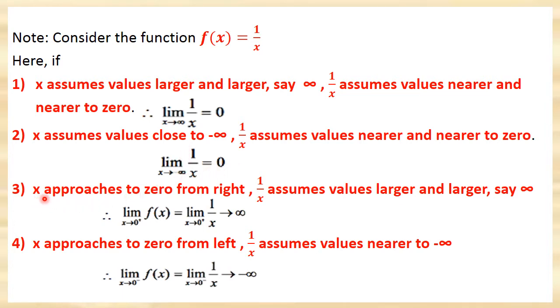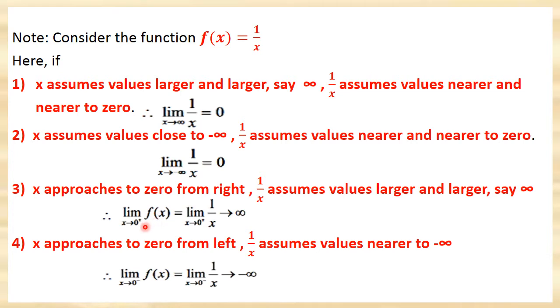Now x approaches 0 from the right, that is it approaches a particular value, 0, from the right, which means x takes positive values. Then 1/x assumes larger and larger values, say infinity. So we write it as the positive limit, or right hand limit.